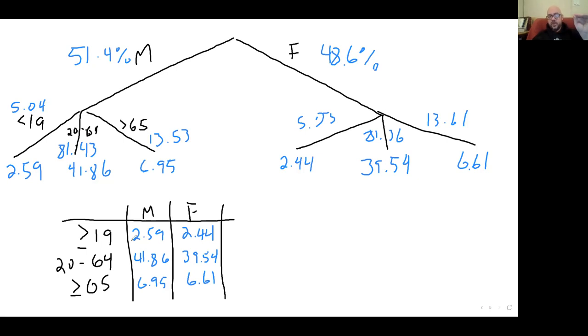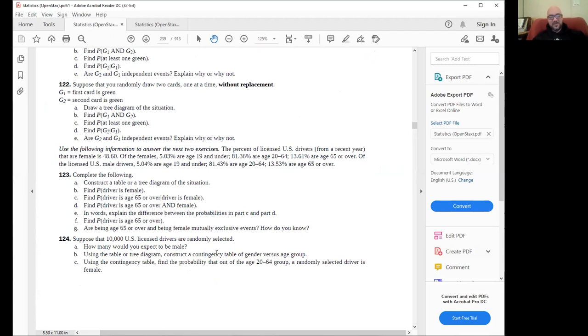We move it 2 to the left to get the percentage, and then 4 to the right because we're multiplying by 10,000. So the net decimal movement is just 2 to the right. So 259, 244, 4,186, 3,954, 695, 661. There you go. I'm almost positive we did that already.